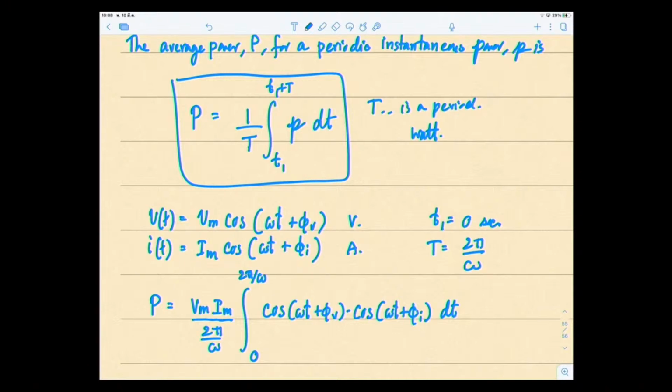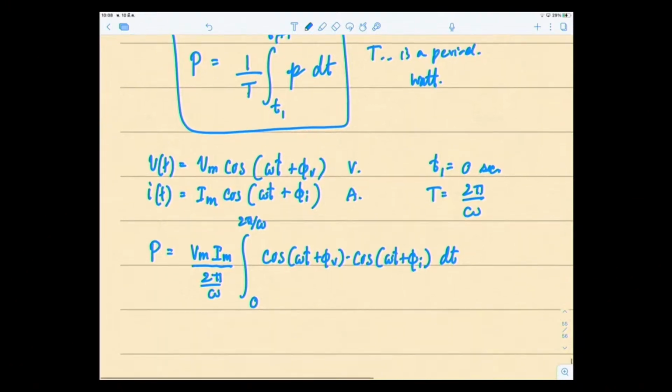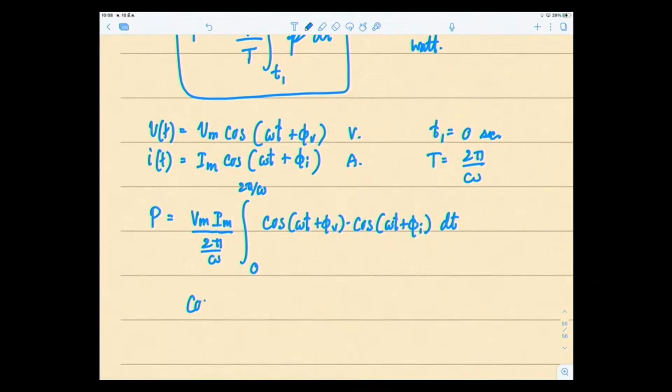Now you have to integrate this, but you can do it during your free time. You may use the relationship cos alpha cos beta equals a half cos of alpha plus beta plus a half cos of alpha minus beta.